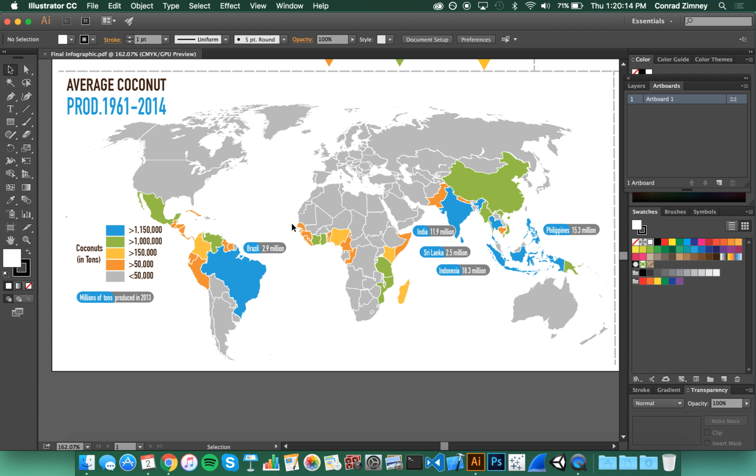DIN condensed bold is used in the labels in my visual language and typography model as well. These labels are precision labels. They are precisely labeling exactly what they are associated next to. Each label corresponds to its country specifically.